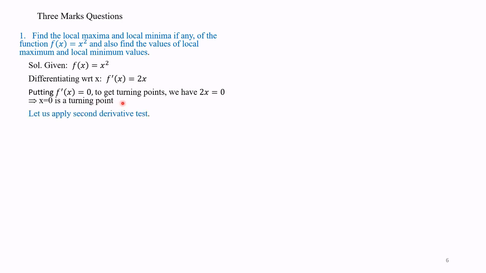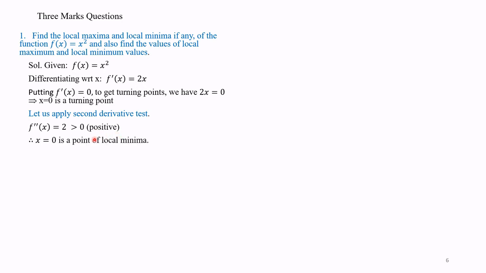Now we have to apply the second derivative test. So we find f double dash x of 2x. So f double dash x is 2, which is positive, since 2 is greater than 0.